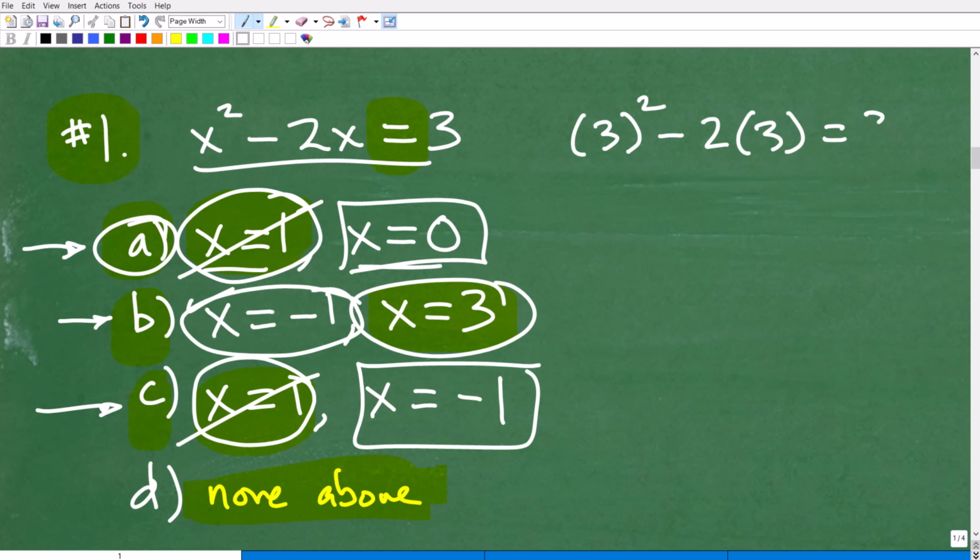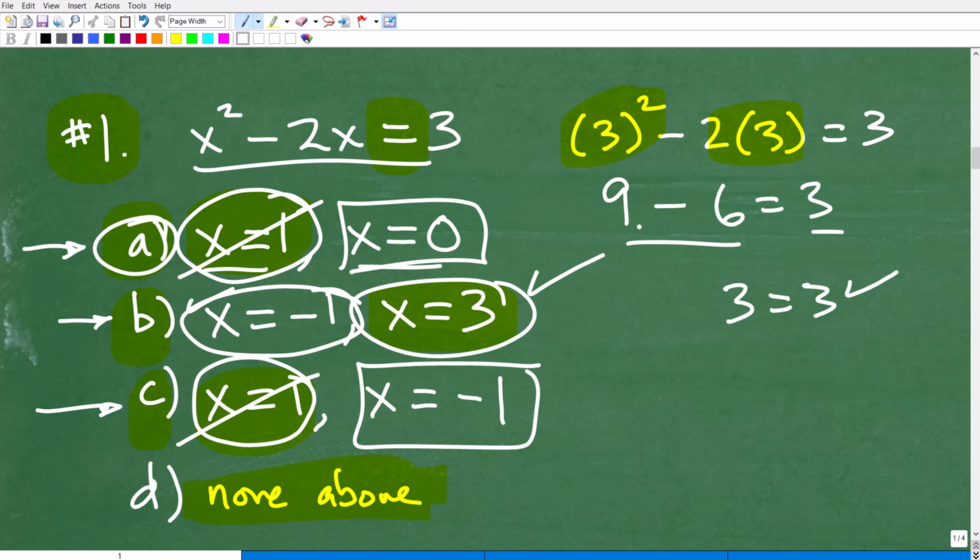Is that equal to 3? 3 squared is 9. 9 minus 2 times 3, which is 6. So is 9 minus 6 equal to 3? Well, 9 minus 6 is in fact 3. 3 is equal to 3. That works. So B is in fact the correct choice here.